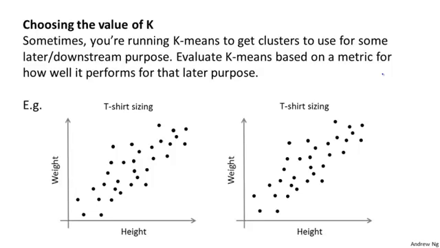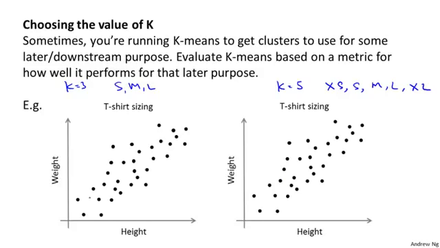Let's say we go through the t-shirt sizing example again, and I'm trying to decide, do I want 3 t-shirt sizes? So if I choose k equals 3, then I might have small, medium, and large t-shirts. Or maybe I want to choose k equals 5, and then I might have extra small, small, medium, large, and extra large t-shirt sizes. So you can have 3 t-shirt sizes, or 4 or 5. We could also have 4 t-shirt sizes, but I'm just showing 3 and 5, just to simplify this slide for now.